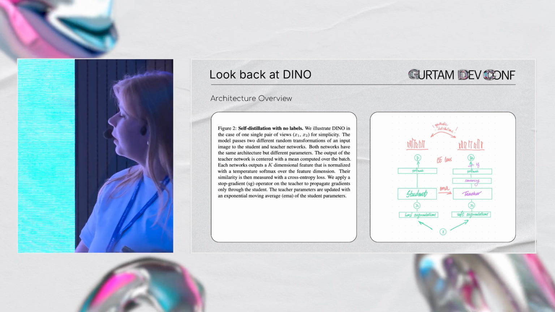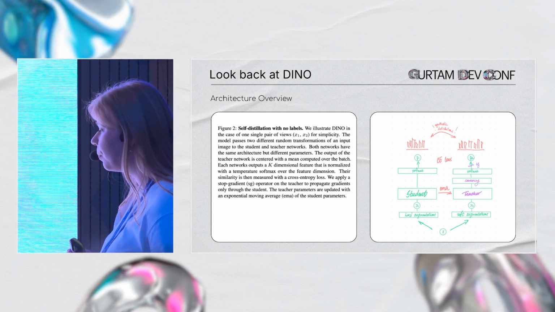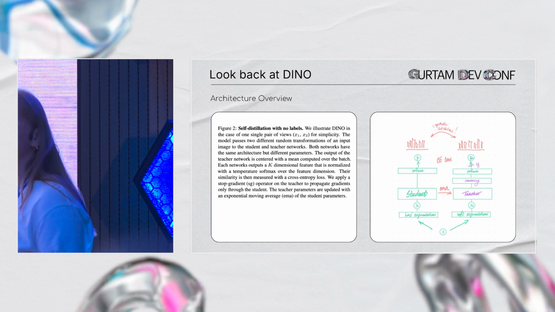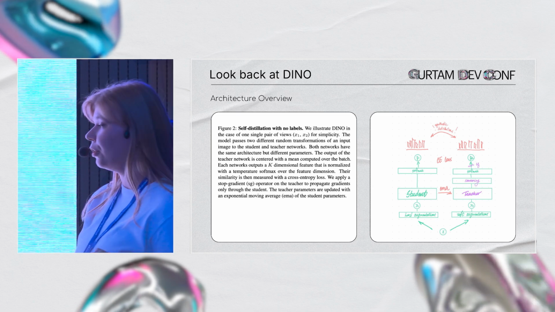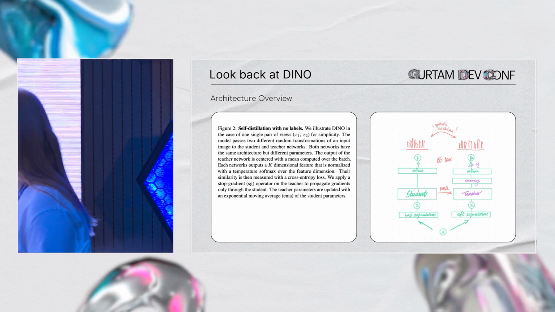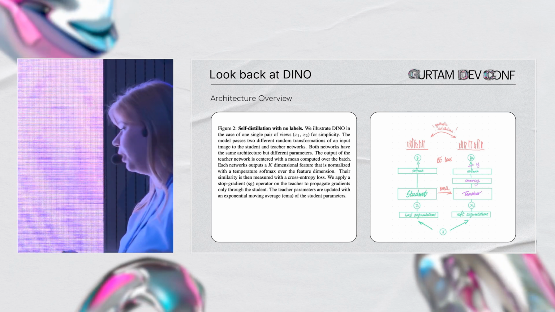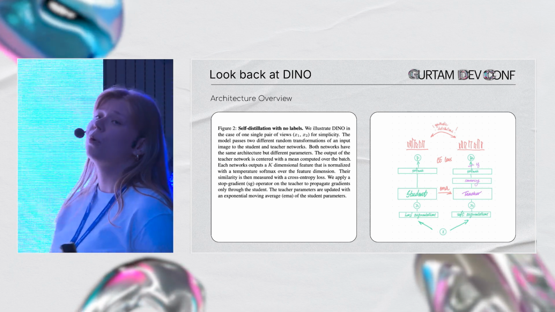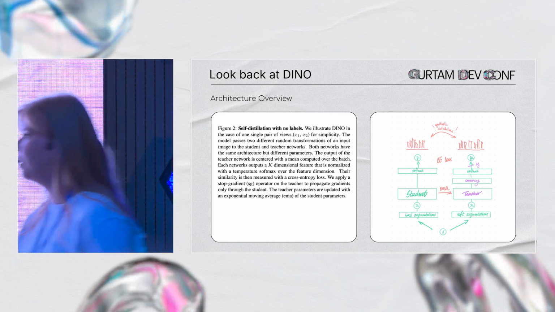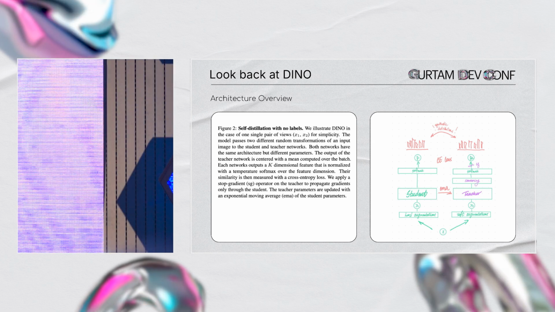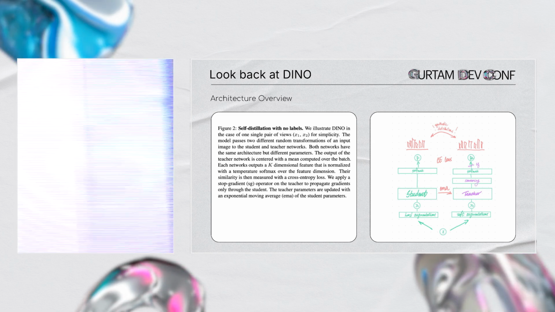And they apply a different set of augmentations to the images that are going to different networks. The next difference from knowledge distillation is the models, because they are the same size, while in classical knowledge distillation, the student model is much smaller than the teacher. And they are both training, but they train in a different manner, and I will cover it later. They are still training the models in a way that their probabilities would match.